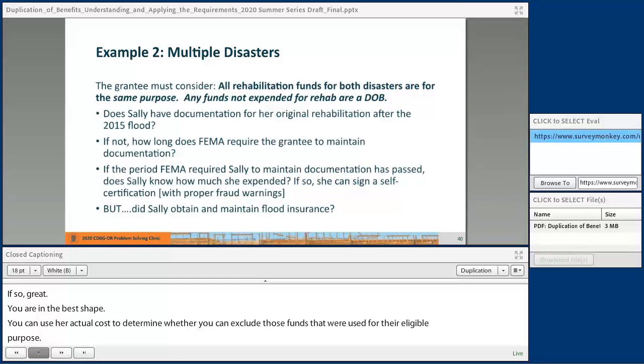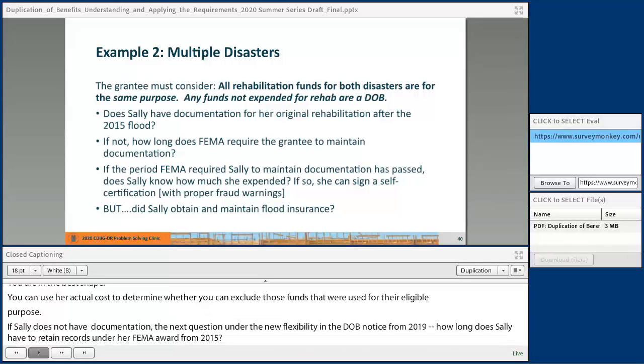If the period that FEMA required Sally to maintain documentation is passed, as long as the grantee provides all kinds of warnings that are pretty clearly spelled out in the DOB notice about what it means to defraud the federal government or defraud the state, and how much she expended, she can give a signed self-certification to the grantee, and the grantee can use that for their DOB documentation.